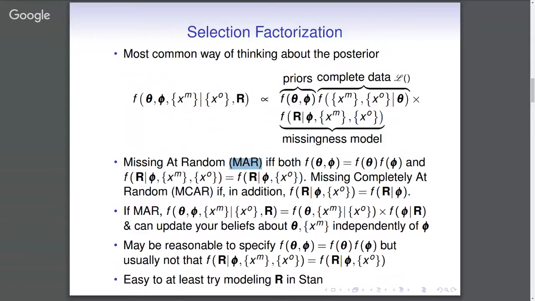At the first stage, we'll draw from the posterior distribution of xm. And then once we have xm, we'll combine it with the observed data that we have, and now we have a bunch of completed data sets.